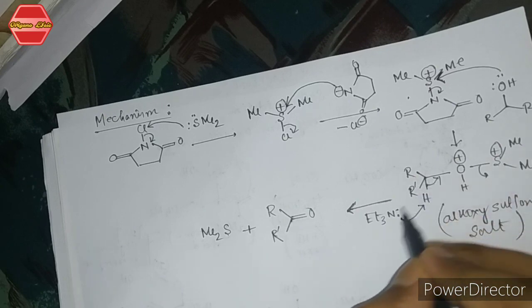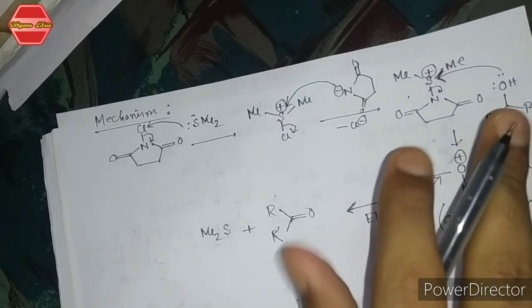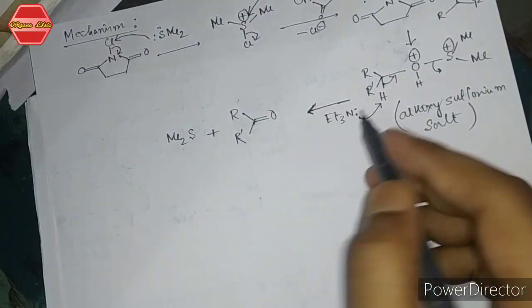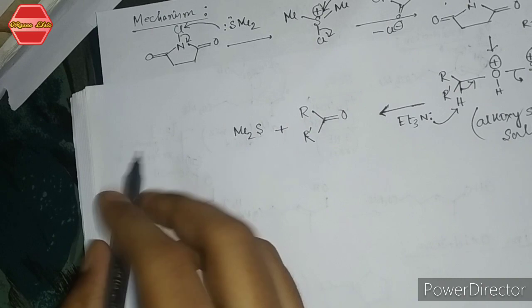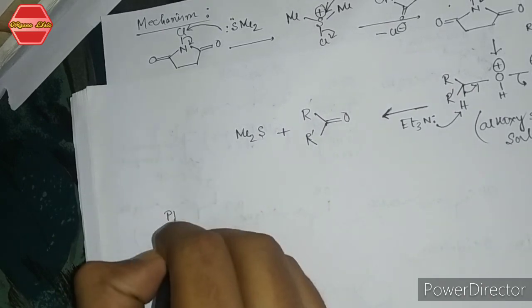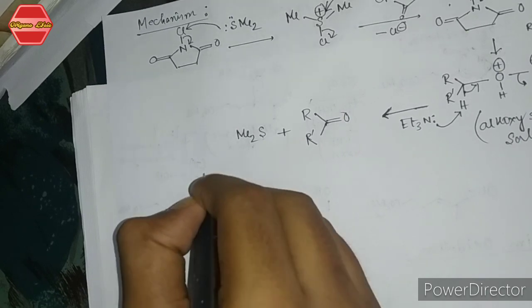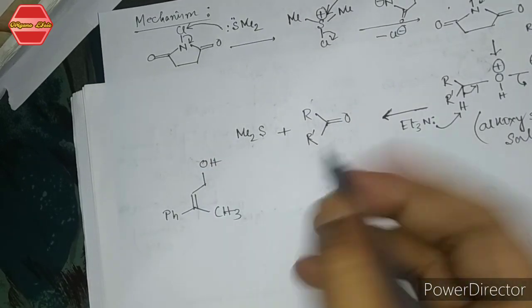Now see, here is an important concept. What type of product will occur if you do not put the base in the reaction medium? Now see, I am taking a compound like this. So this is an allylic alcohol.